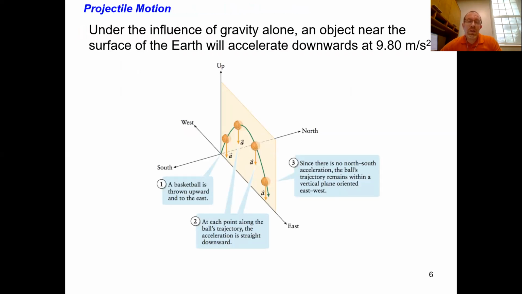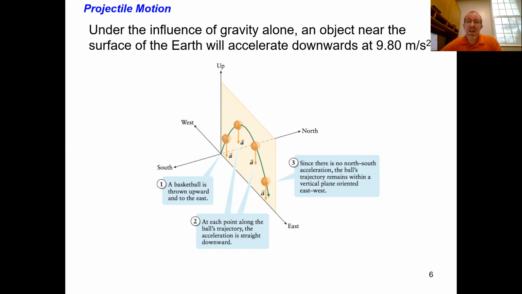So if we're dealing with projectile motion, what does that mean again? That means the only thing influencing the object that we're analyzing is gravity, and specifically, gravity near the surface of Earth. What do I mean by near the surface of the Earth?